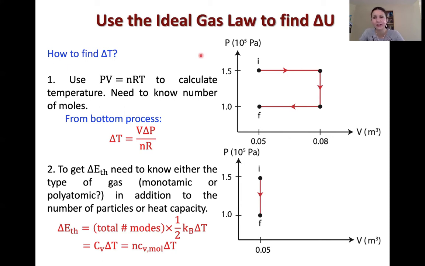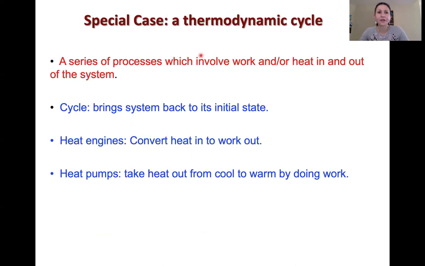Okay, so you're going to get a lot of practice with more hands-on calculations with these PV diagrams and calculating work, change in E thermal, and then finally heat. Another type of special process that we'll look at is what's known as a thermodynamic cycle.